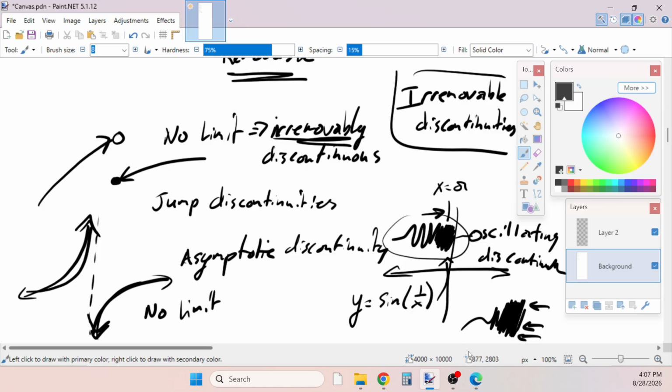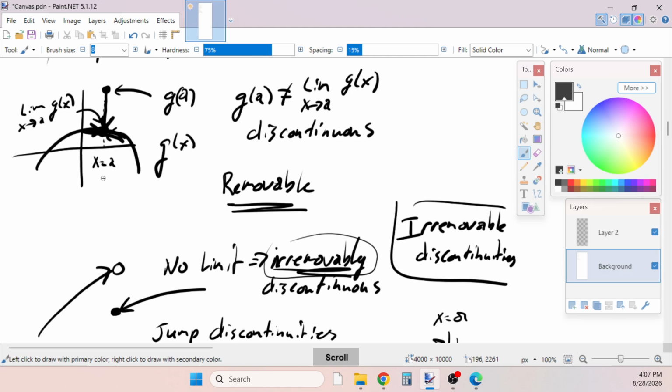So again, no limit, so it's a discontinuous function. These three are irremovable discontinuities because I can't fix them and make them continuous by moving a single point. Removable discontinuities, again, you just grab one point from wherever it is and move it up or down, fill in the hole.